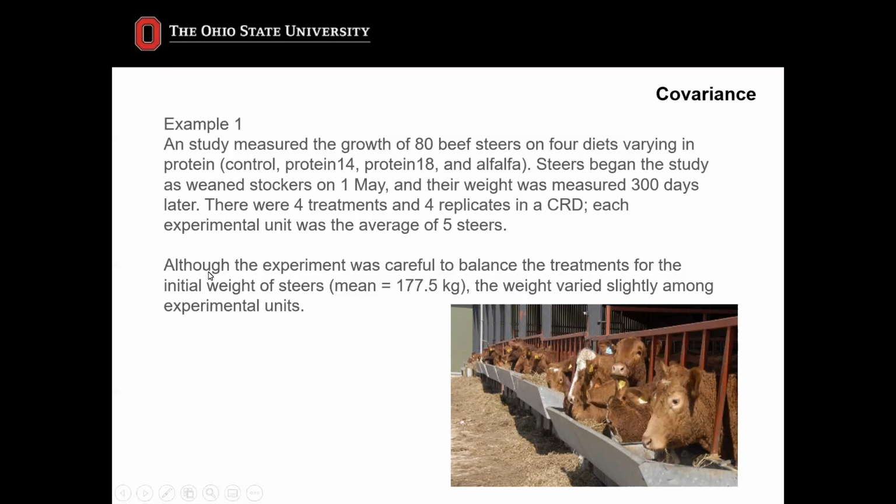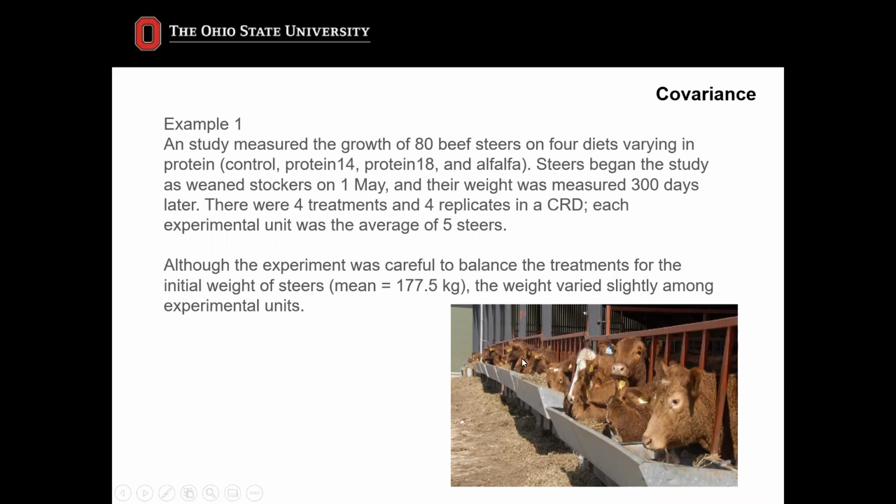In animal science, we are very sensitive to the issue that steers with different weights will grow at different rates. In general, larger steers will grow faster than smaller steers. And so, as is the case in animal science, they were careful to balance the treatments for the initial weight of steers.